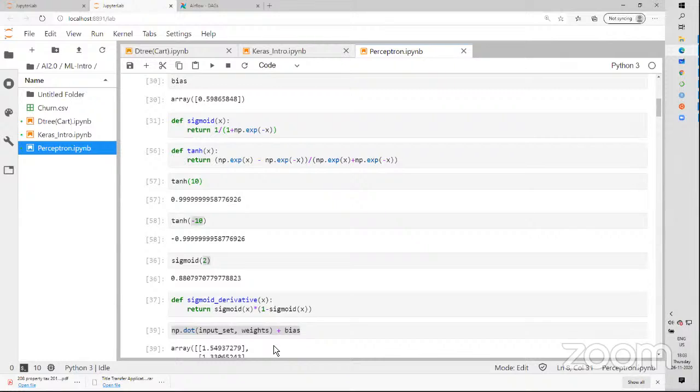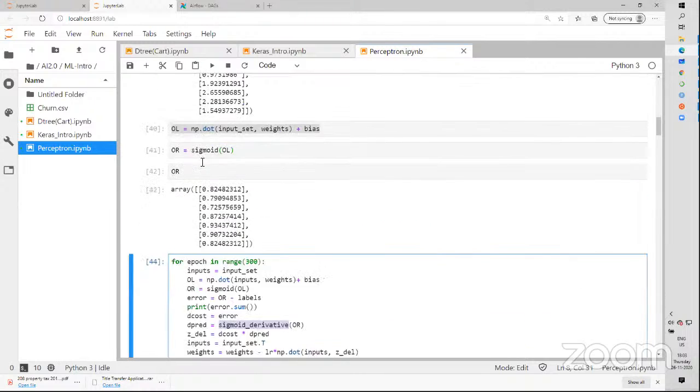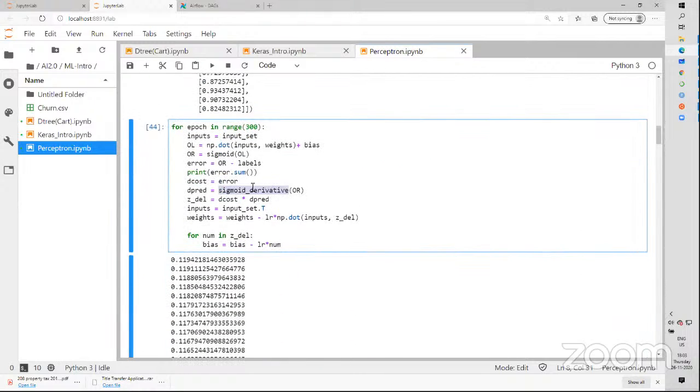Now we need to find the derivative of tan h. It would be difficult for me to derive it because even I don't remember all the rules of derivatives now. So we need to derive that, find the derivative of tan h, and replace this function with it. That is why we need to pay a little attention to how all these functions and things are being programmed.